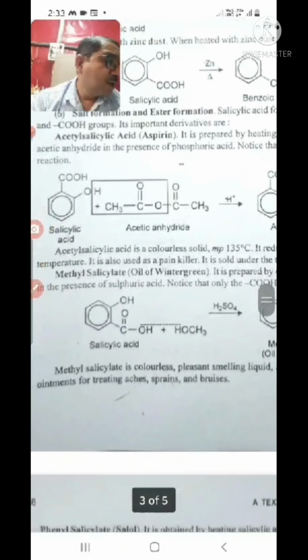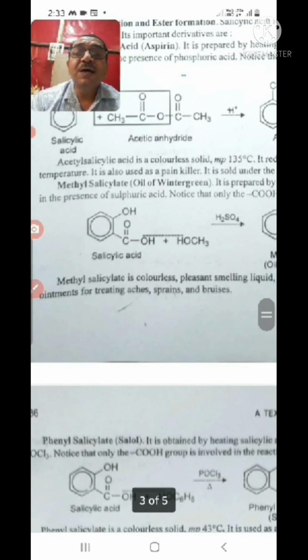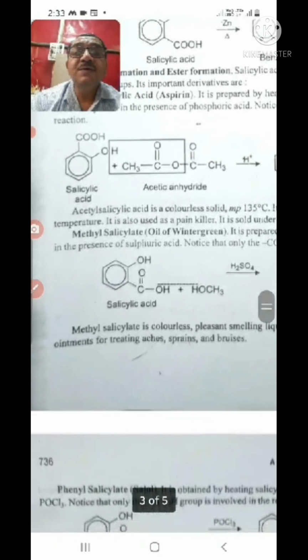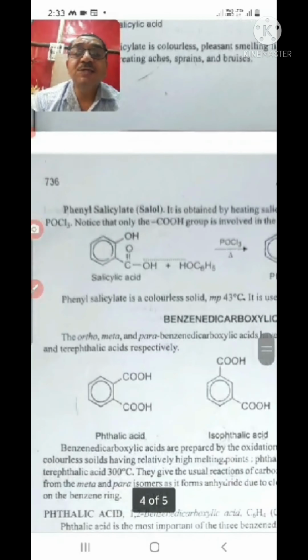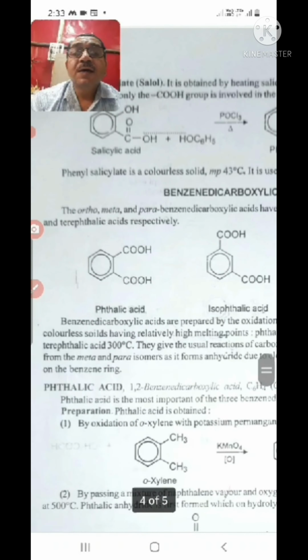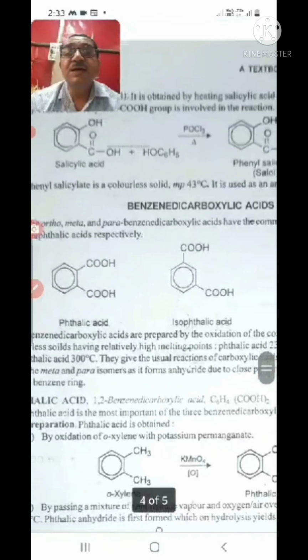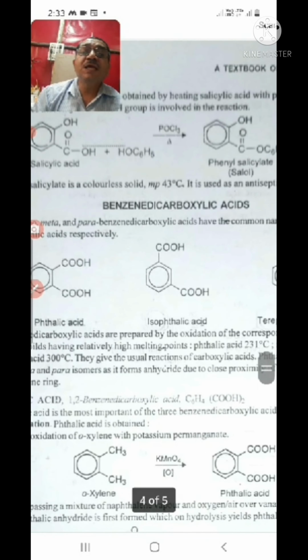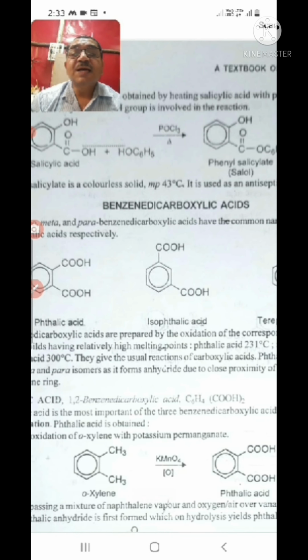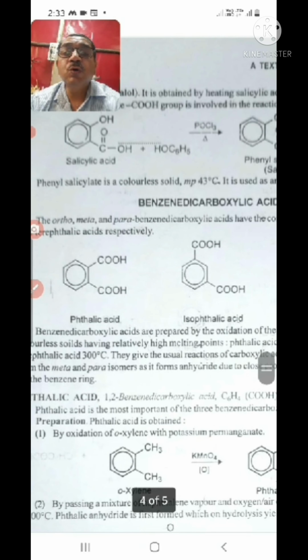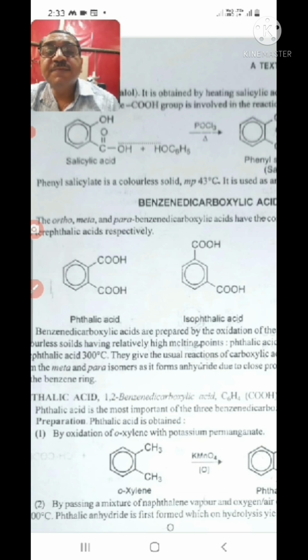Now the another part of the aromatic carboxylic acid part is phthalic acid. Here it is given benzene dicarboxylic acid, means phthalic acid is an example of having two COOH groups in its ring, that is phthalic acid means dicarboxylic acid example.